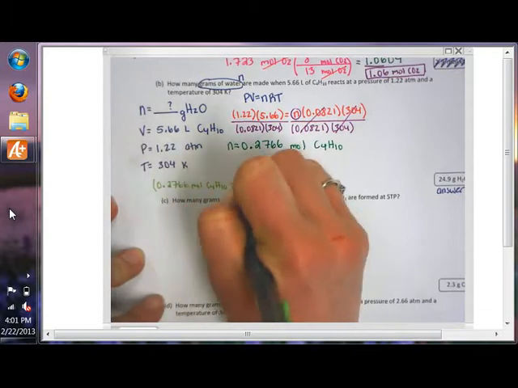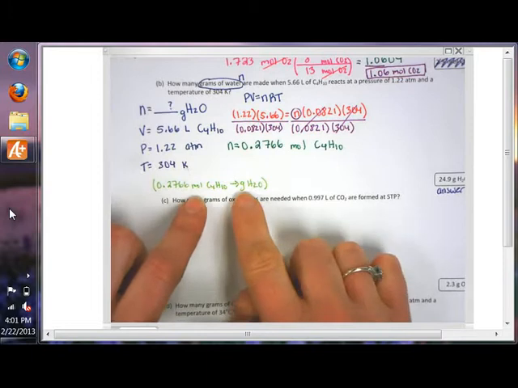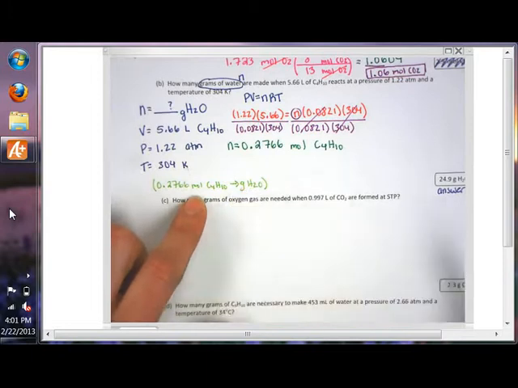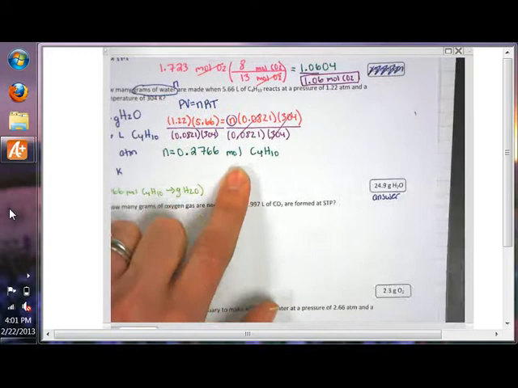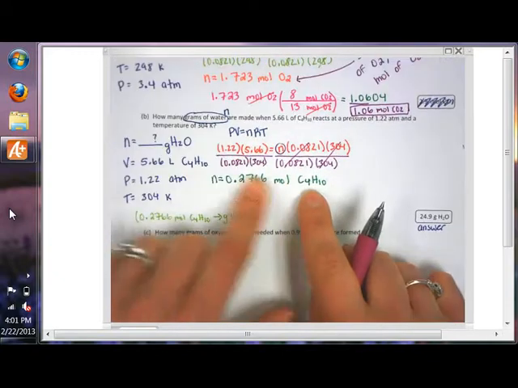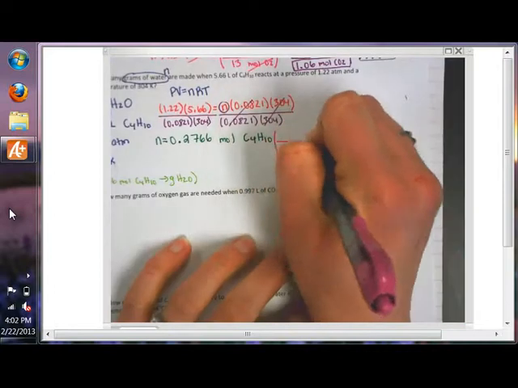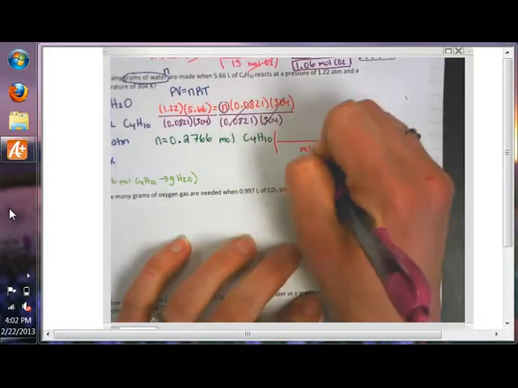Okay, we're just going to island hop. So, just going to go ahead and kind of piggyback on this. I'm going to go from moles of C4H10 to moles of water. So I want to get rid of moles of C4H10 and go to moles of water.